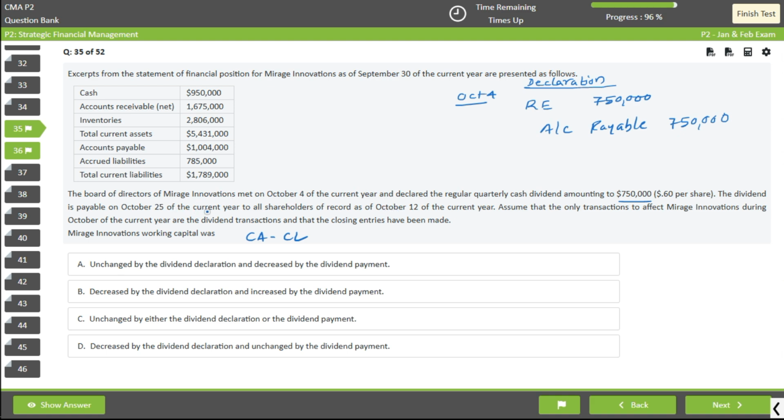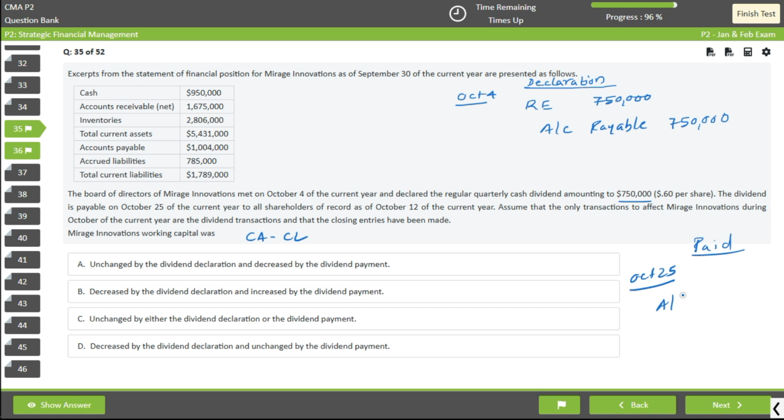So on October 25, we are going to pay the dividend.